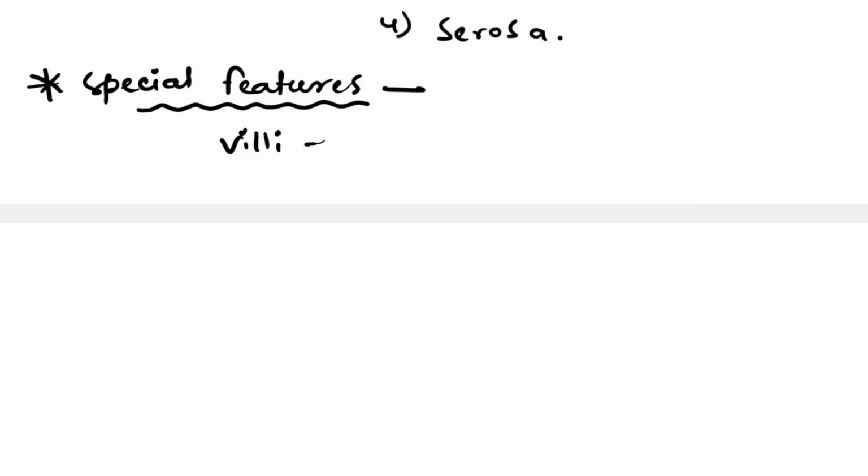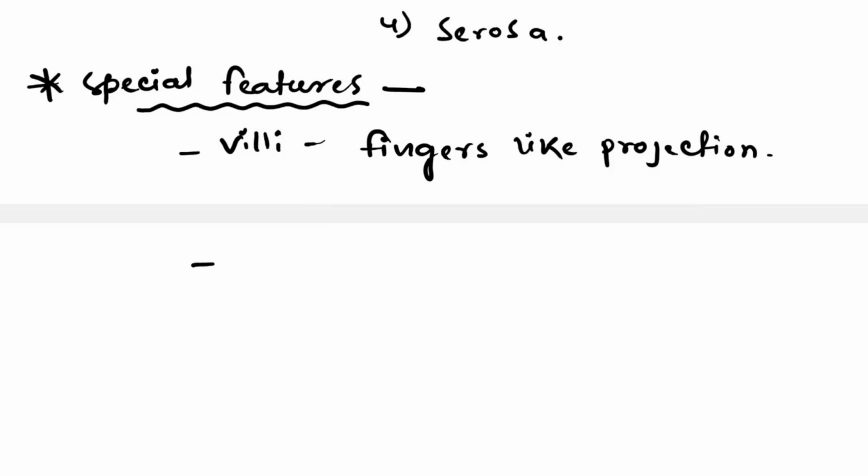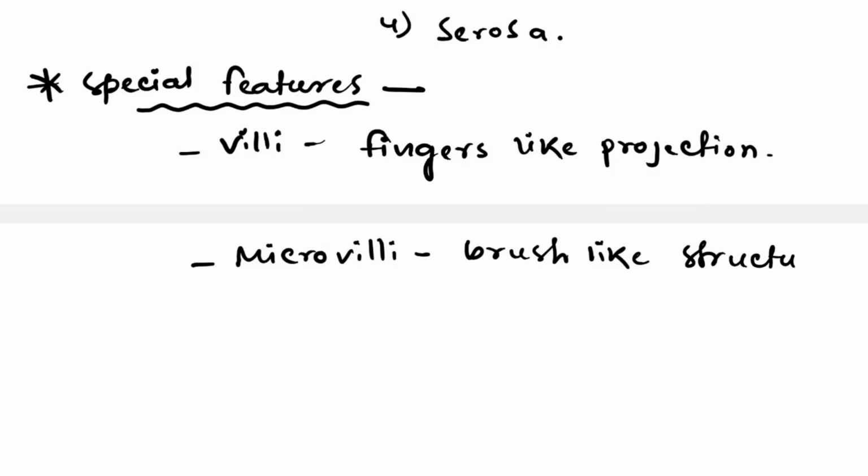Villi means finger-like projections, and microvilli are brush-like structures. So villi and microvilli are also present in this area.